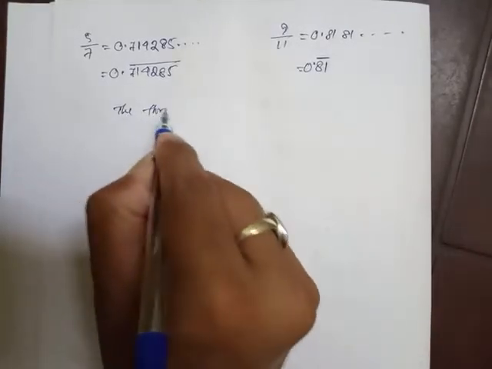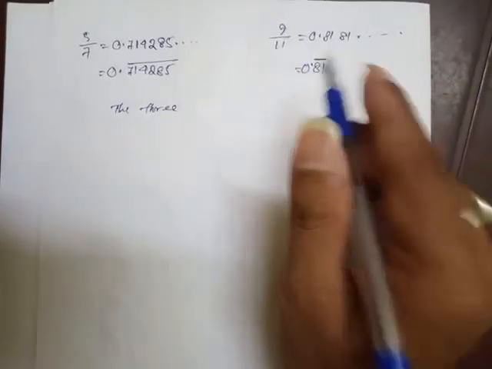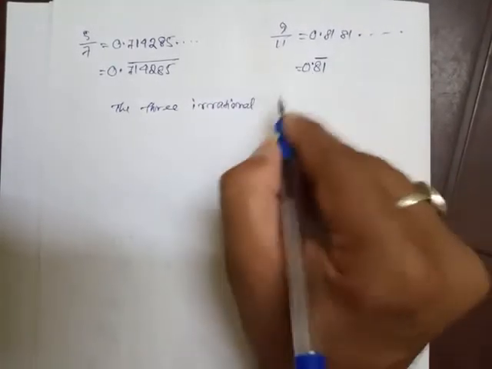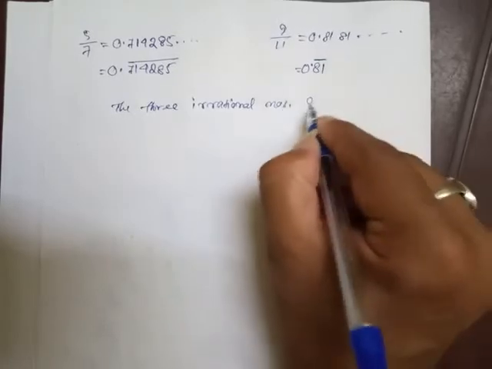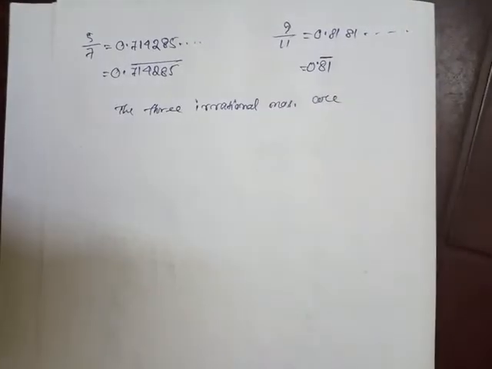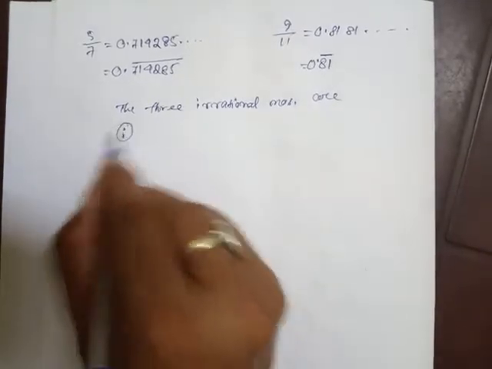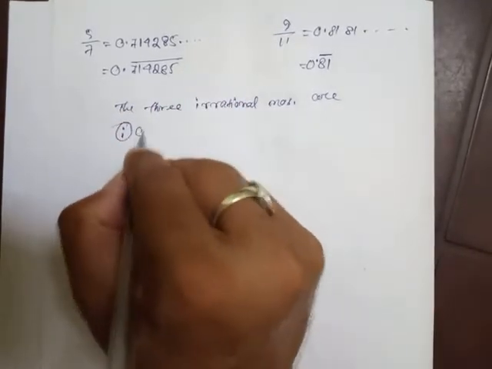The three irrational numbers are any three we can take between these. So first one, Roman 1, we can take 0.7.